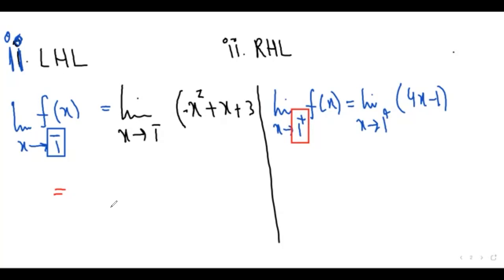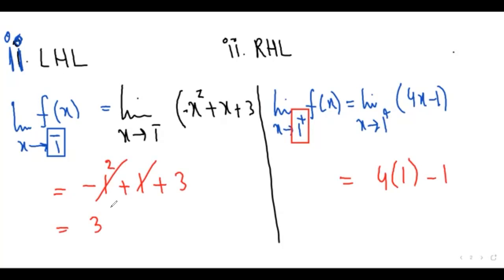So if we insert 1 in it, it would become 1 square plus 1 plus 3. So 1 and 1 are cancelled. We have 3. And if we insert 1 in it, function gives 3. So it means left hand limit and right hand limit are equal, which means limit exists. So our second condition is also satisfied.